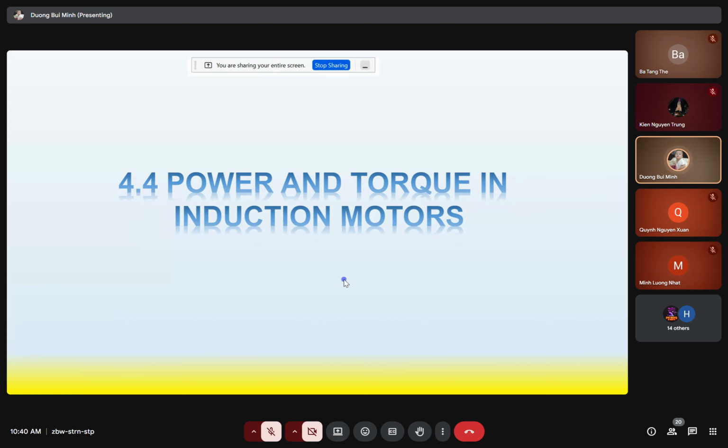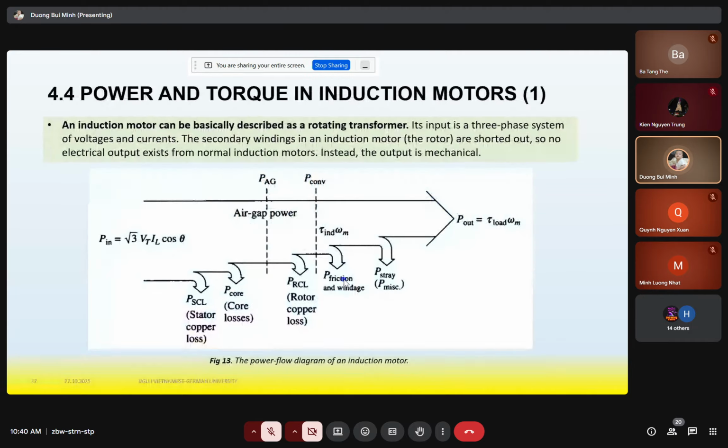Before, we discussed the power and torque in the induction motors. Okay, because this is the induction motors, the input will be electrical power, and the output, of course, is mechanical power.